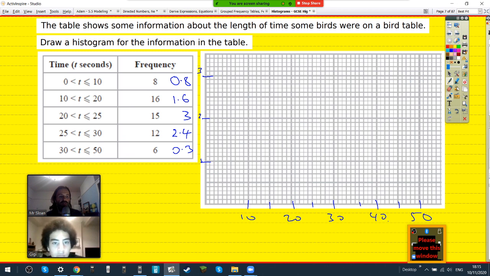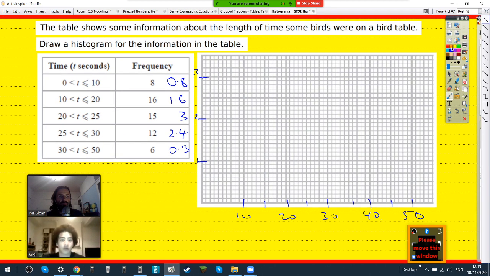Okay, first box. The first box would be from 0 to 10, and it would be up to 0.8. And so how many squares up? 8 of the small ones. Okay, go on. The second one would be from 10 to 20, and it would be at 1.6.